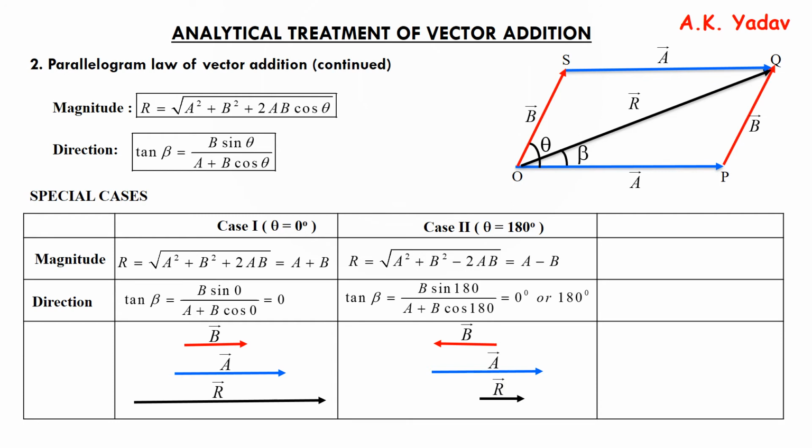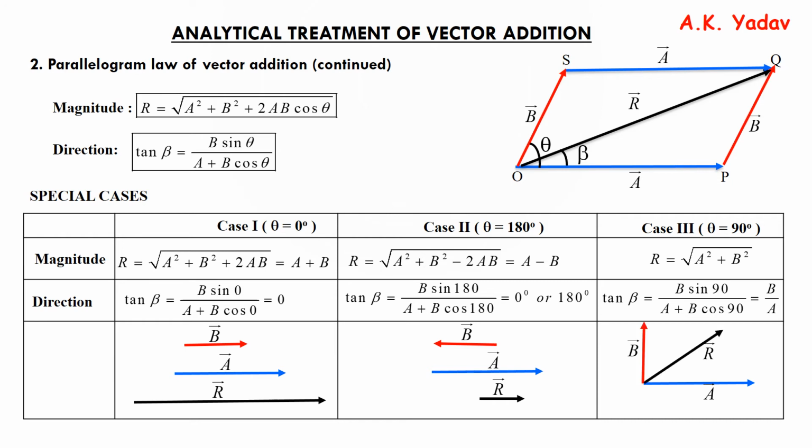If vector B was greater, then R would have been in a direction opposite to A, so I would have taken angle as 180. Case 3, when theta is 90, R is equal to under root of A square plus B square. Tan beta is B by A, that is beta is equal to tan inverse of B by A, and the resultant is R. So you can see the diagram also.